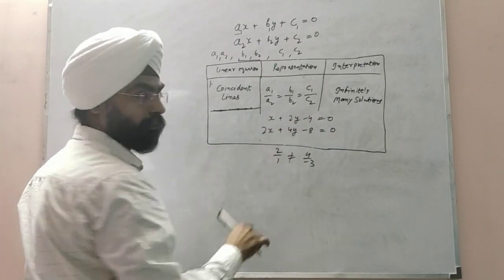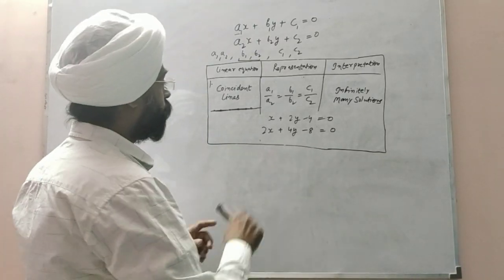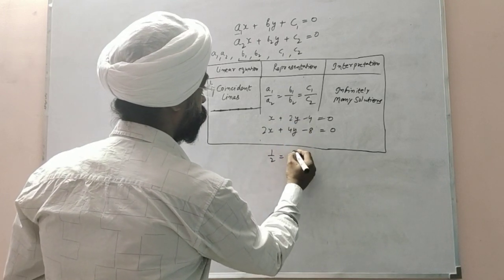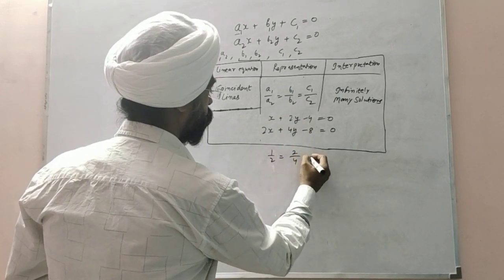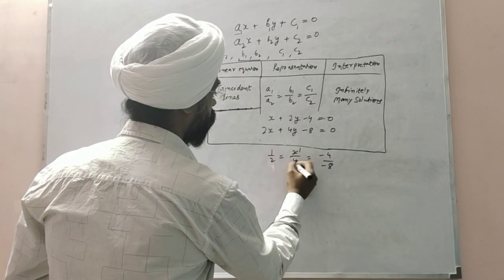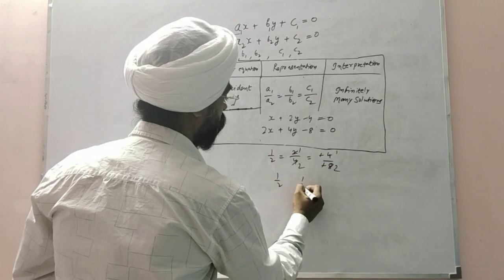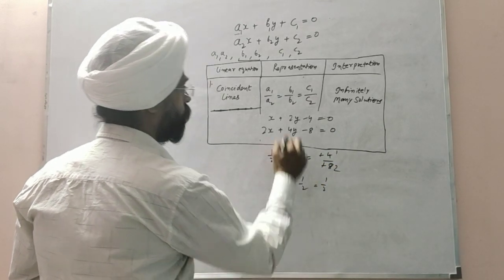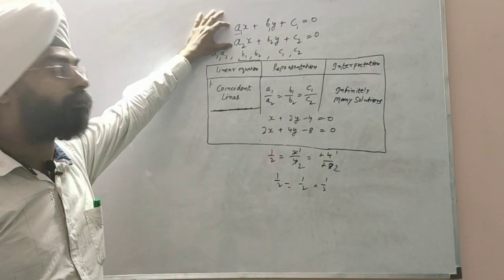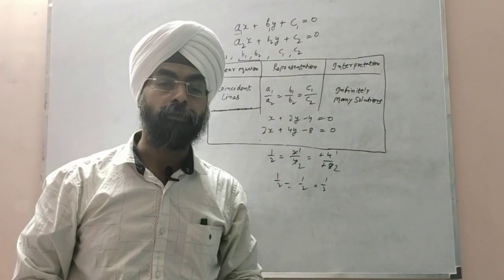So if we take the ratios of their coefficients, 1 by 2, 2 by 4, equal to minus 4 by minus 8, it will again become 1 by 2. All the coefficient ratios are equal. Again comparing with the general equations, these are coincident lines having infinitely many solutions.